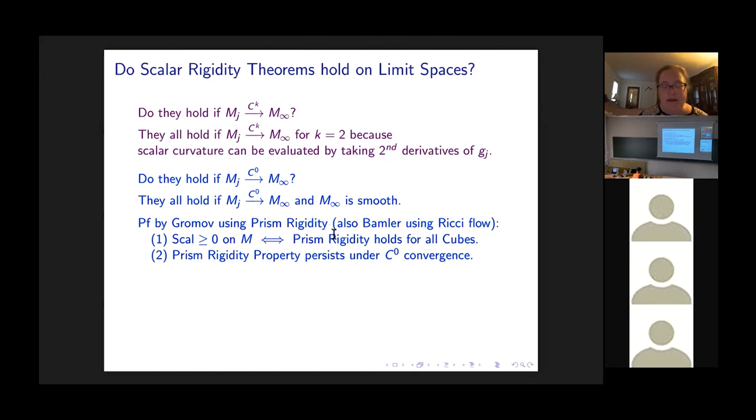And then they proved that under measured convergence, the RCD property persisted. And so then if the limit space happens to be smooth, the limit space has Ricci non-negative.